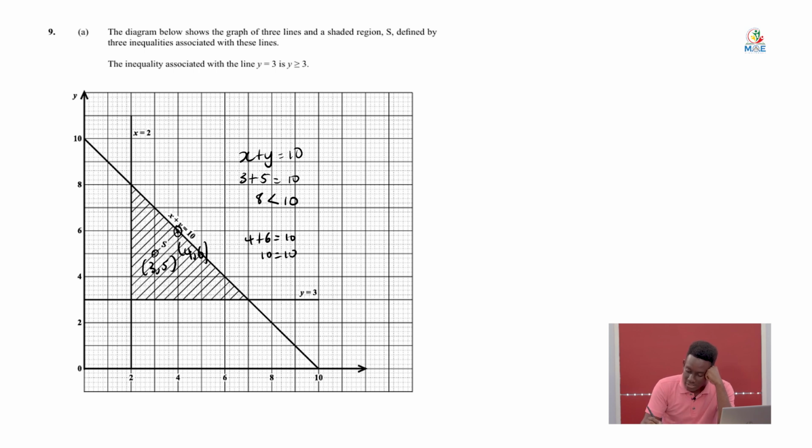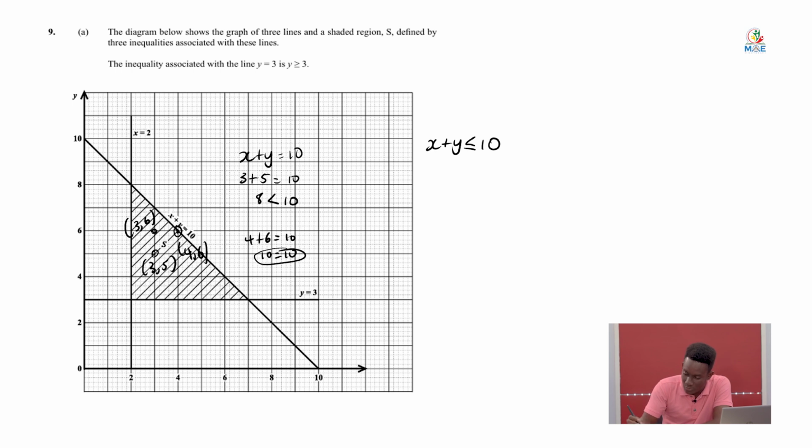So we see it's also equal to 10, so we can say the inequality that we can use would be x plus y is less than or equal to 10. Because when we put in values in the shaded region, we have x plus y less than or equal to 10, for all of the values here. And if you choose another point here, that is (3, 6).